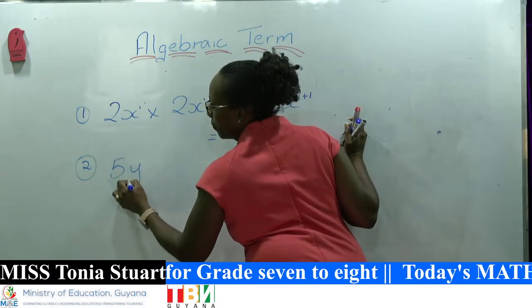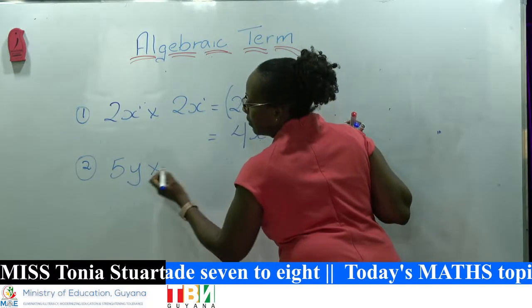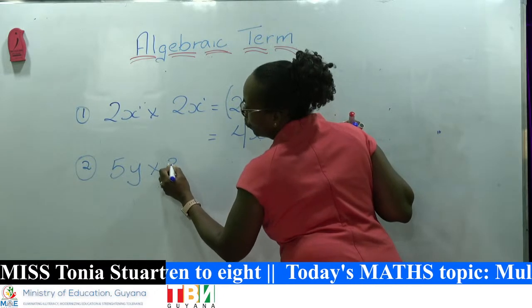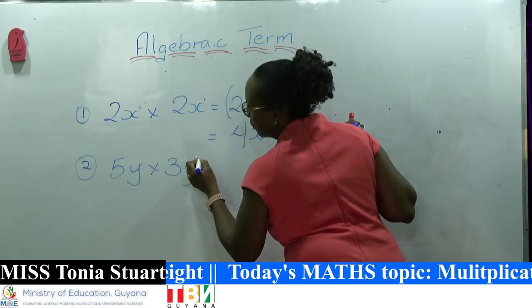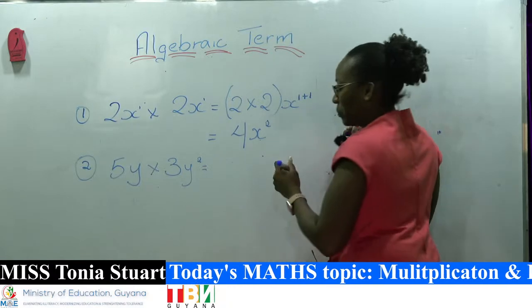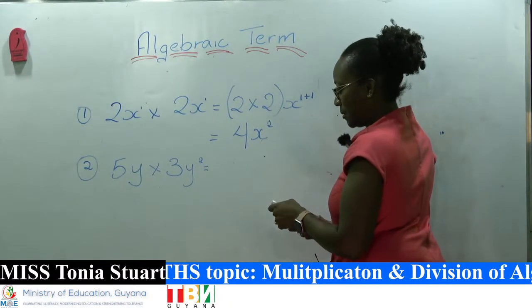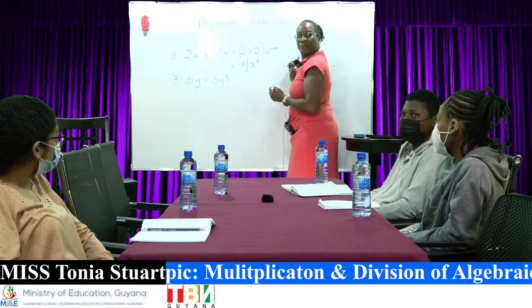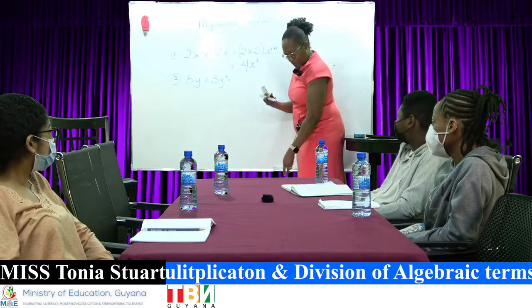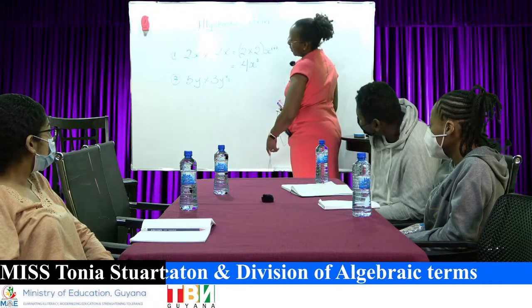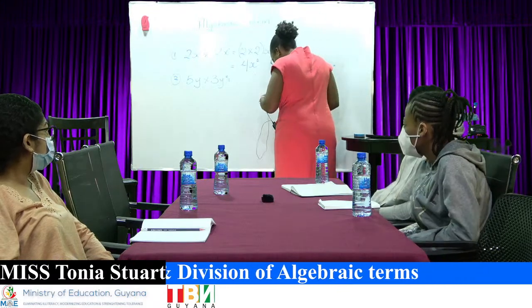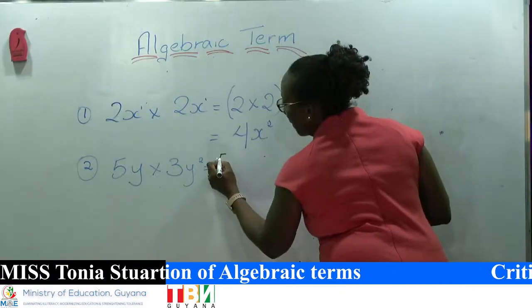5y multiplied by 3y squared. Akila, could you tell me what to do next? 5 times 3, which is 15.